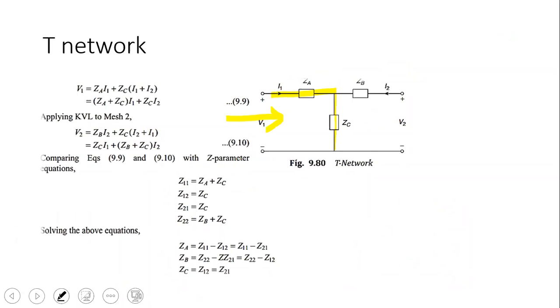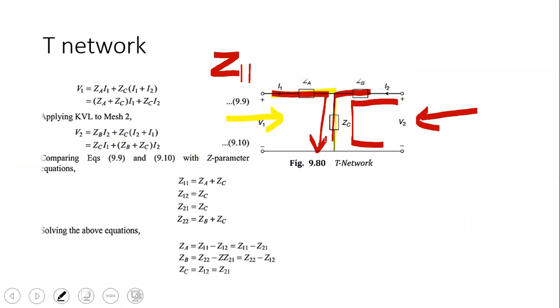So ZA plus ZC. Then if you ask me what is Z22 without looking at the formula, I will look at this side and I will say it is ZB plus ZC. So what is Z11? ZA plus ZC. What is Z22? ZB plus ZC. So you got these two formulas. And what are my Z12 and Z21? It is ZC in the middle.